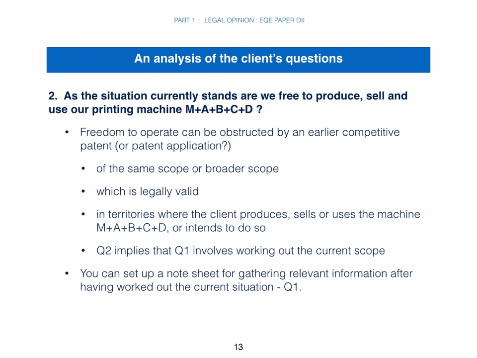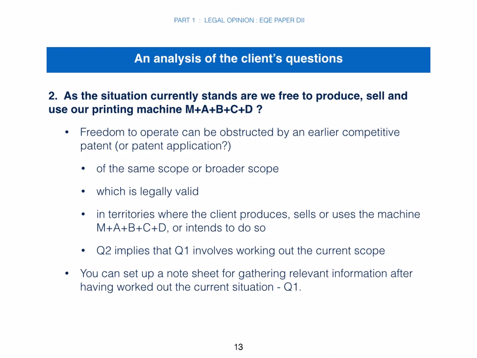Question 2, which we now have on the slide. As the situation currently stands, are we, that is Typograph X, free to produce, sell, and use our printing machine M plus A plus B plus C plus D?